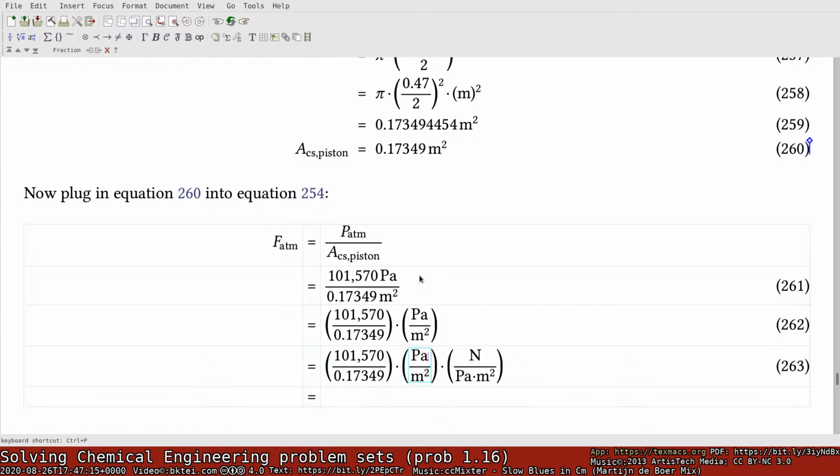Okay, so we're getting rid of Pascals, we're going into newtons. The answer actually should be in all newtons, shouldn't it? That meter squared should cancel out. I'm missing something, aren't I? Pressure of an area is a force. Hmm.